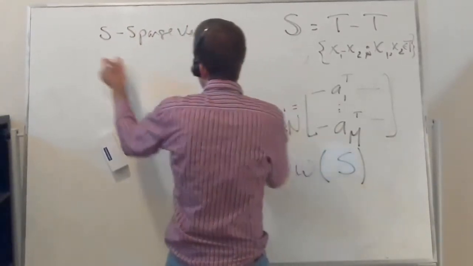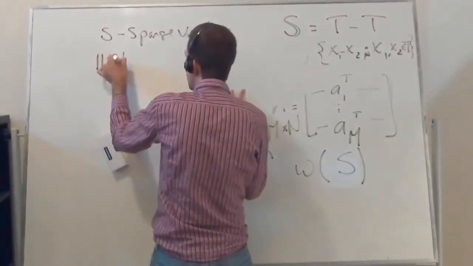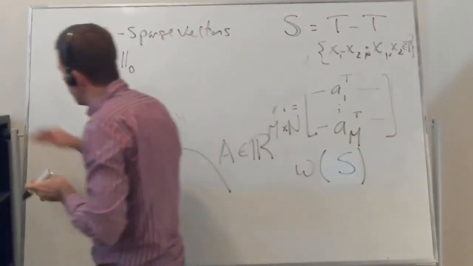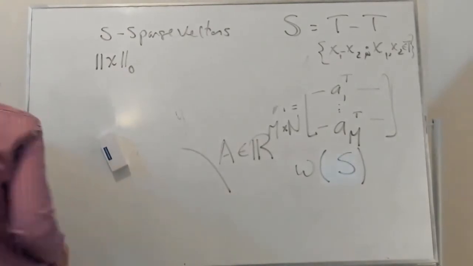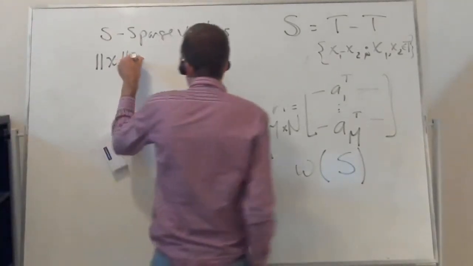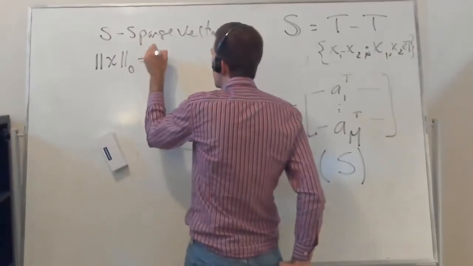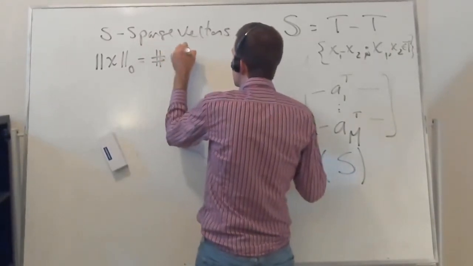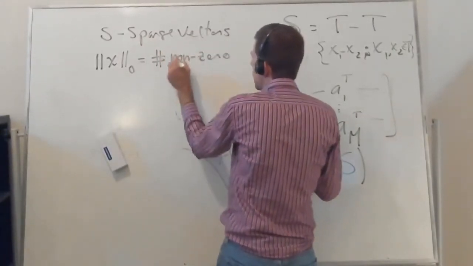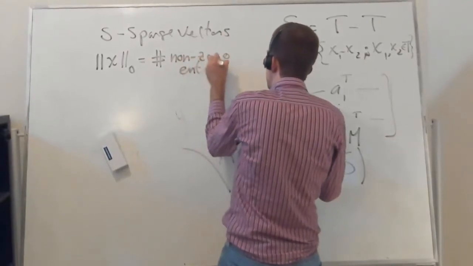We're going to call something the L0 norm, even though it isn't really a norm. First I'll define it: this will be the number of non-zero entries of x.